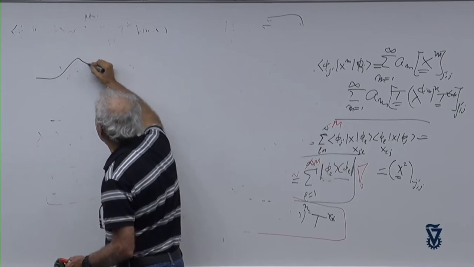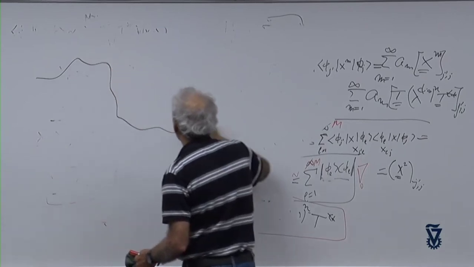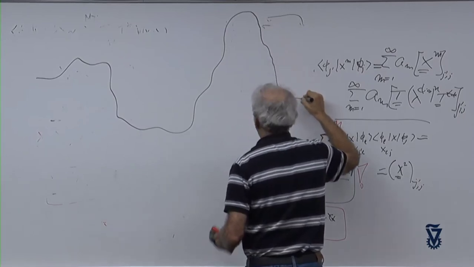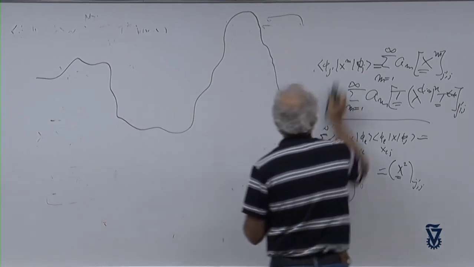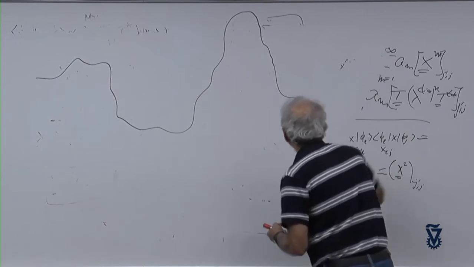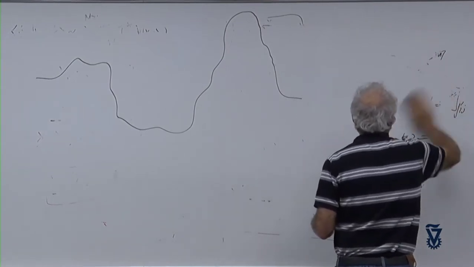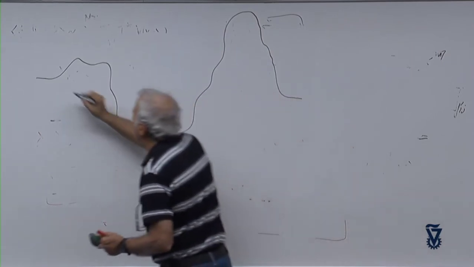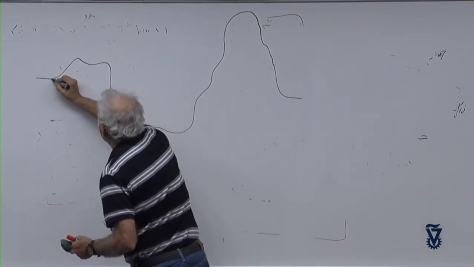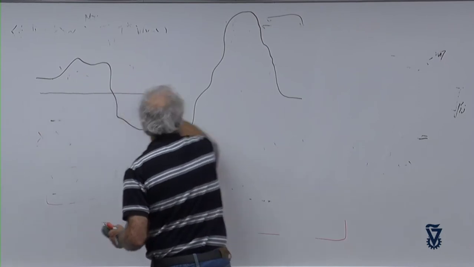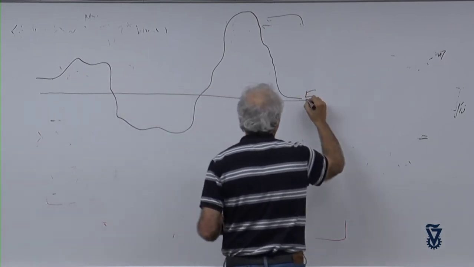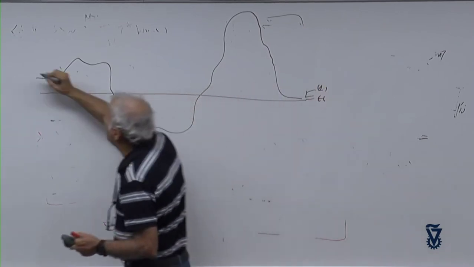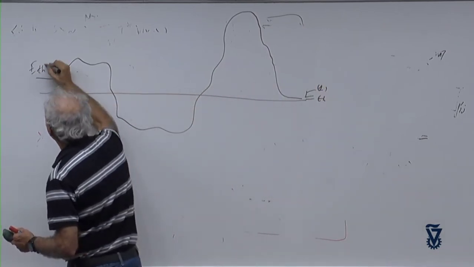So the potential looks like this. What is the difference between what you have done before and now? Before, you have one threshold. So here we have E threshold number 1. And here we have E threshold number 2.